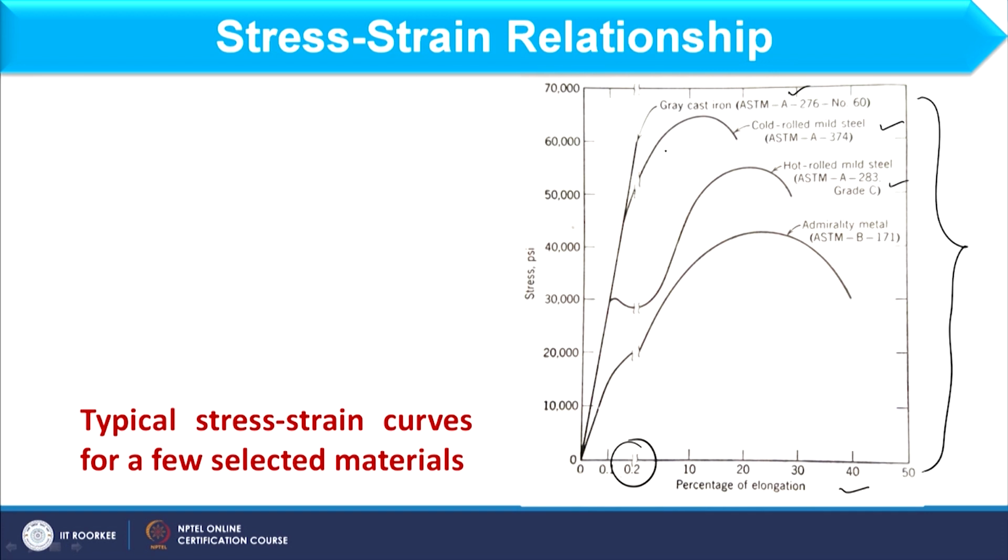Okay. Now, if you observe all these graphs, up to a certain value we have a straight line. Okay, if you see, this is a straight line, this is a straight line, and after that we have non-linearity in the curve.